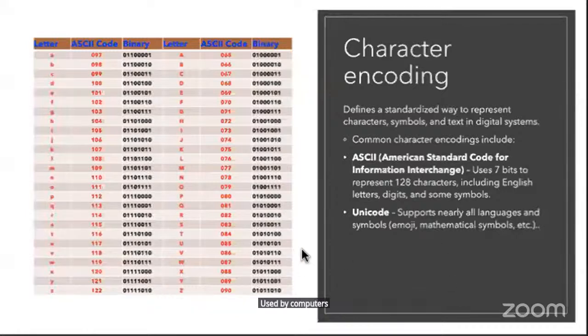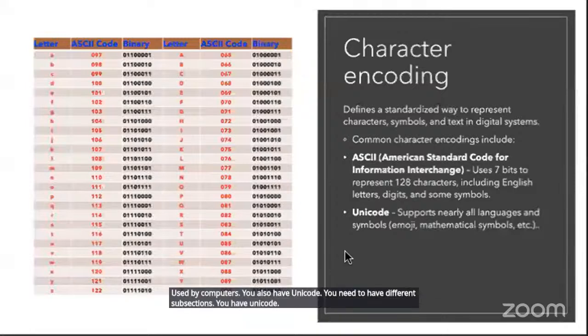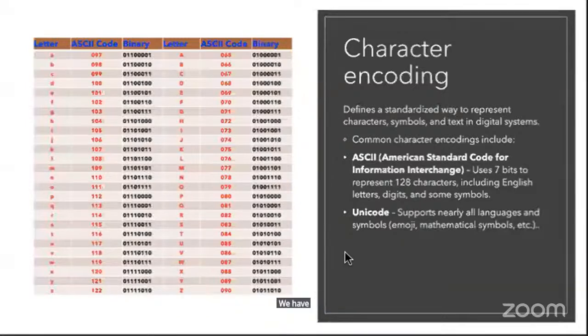You also have Unicode. Unicode has different subsections, and it has numbers assigned to characters too. Unicode is the general name, and it's a very, very popular character encoding method. We have others, of course, but let's just give these two as examples.